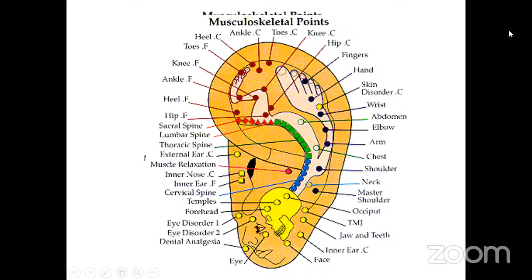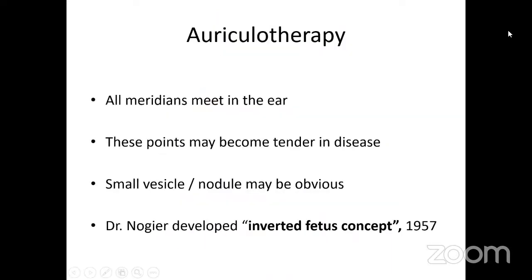It was at some point also realized that in some diseases, certain specific areas, again in different patients, the same area for the same disease, develop some sort of flake, some sort of scaling, some sort of nodule, and some sort of tenderness. So obviously there has to be some relationship between the disease and the ear.